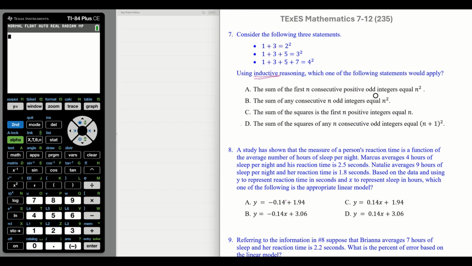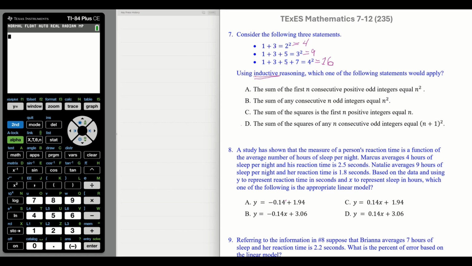Okay, so what are we going to do? We're going to read these and come up with something. But you can already look at these and see that this is going to equal 4, this is 9, and this is 16. That being said, let's look at A. The sum of the first n consecutive positive odd integers equals n squared.